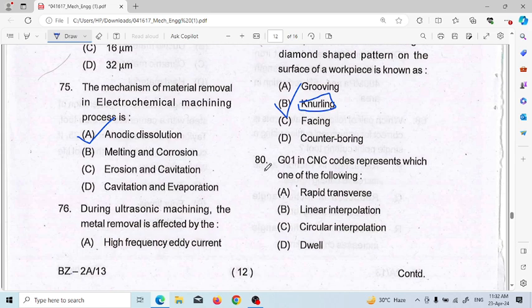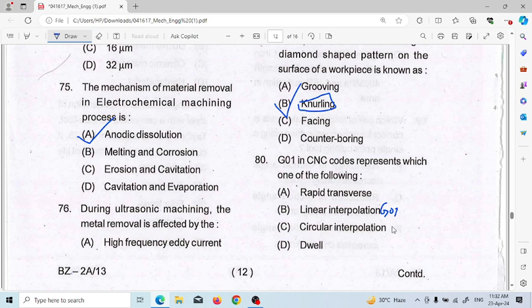Next question number 80. G01 in CNC code represents one of the following. Options are rapid traverse. Option B, linear interpolation. Option C, circular interpolation. Option D, dwell. So we know G01 is linear interpolation.